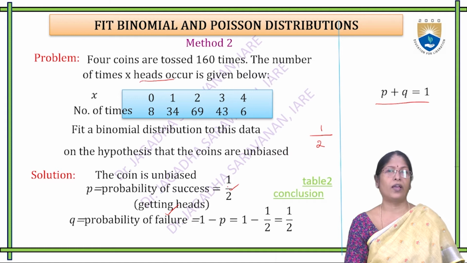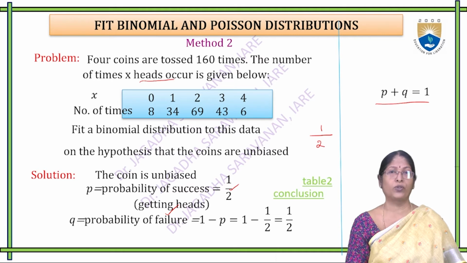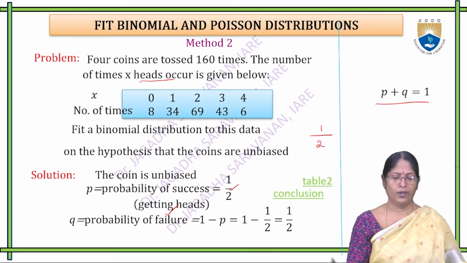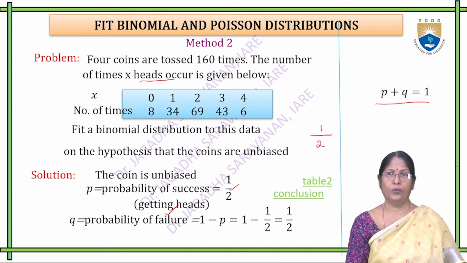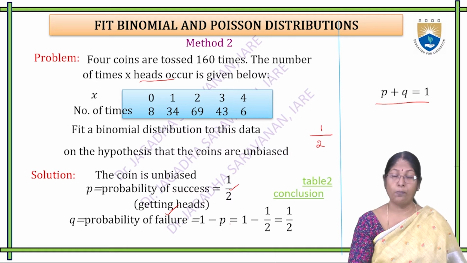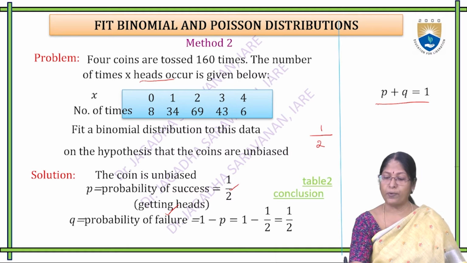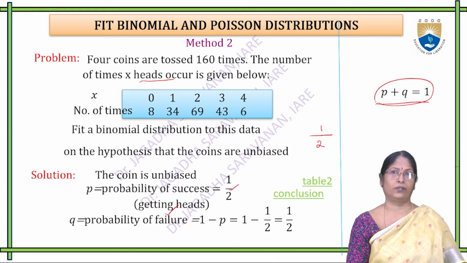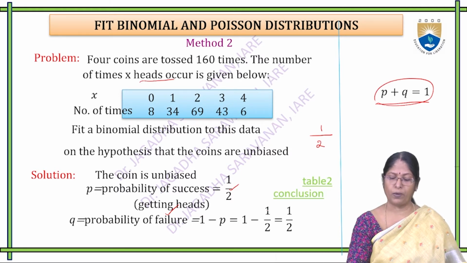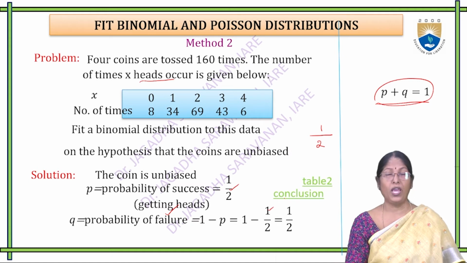If you obtained the probability of success, then it is very easy to find q, the probability of failure. q is nothing but 1 minus p. So 1 minus p is 1 minus 1 by 2, equal to 1 by 2.